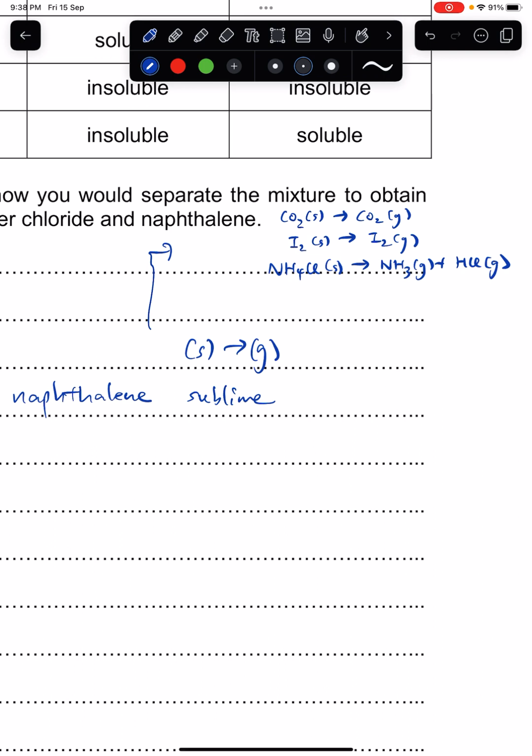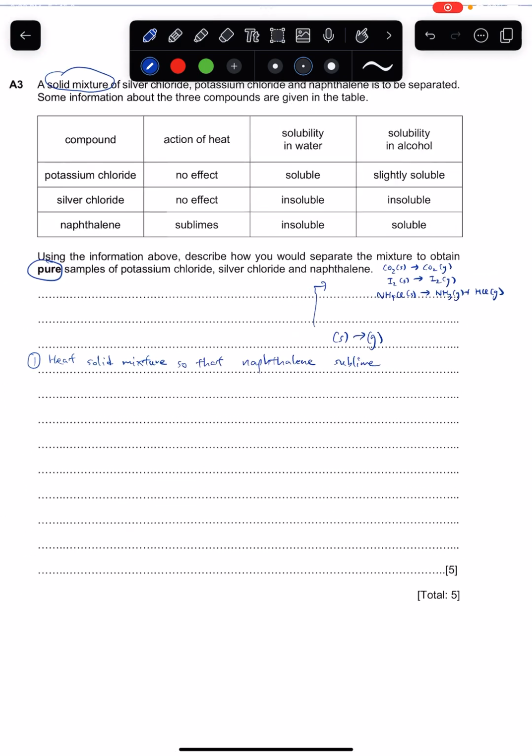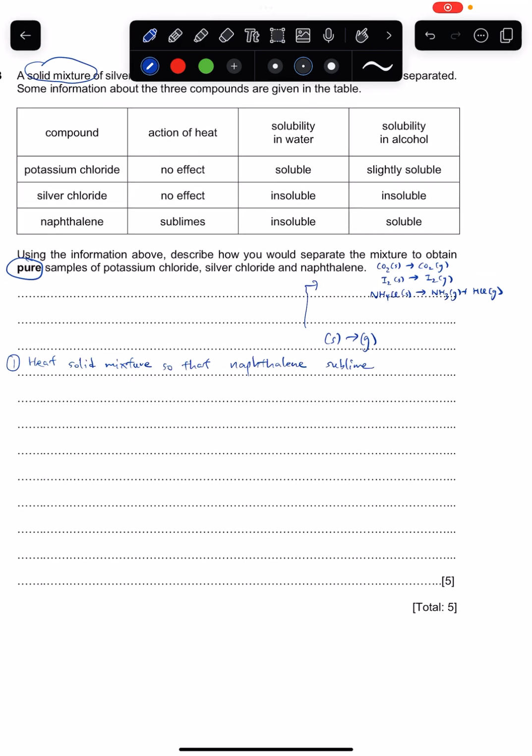So these are the few examples. Yes, naphthalene also sublimes, but I usually don't really mention it because it's such a difficult thing to spell. And you don't need to know the formula for naphthalene even after we learn organic chem. Even if you go JC and learn organic chem, we also don't make you memorize the formula of naphthalene. Okay. Coming back, so I heat so that it sublimes.